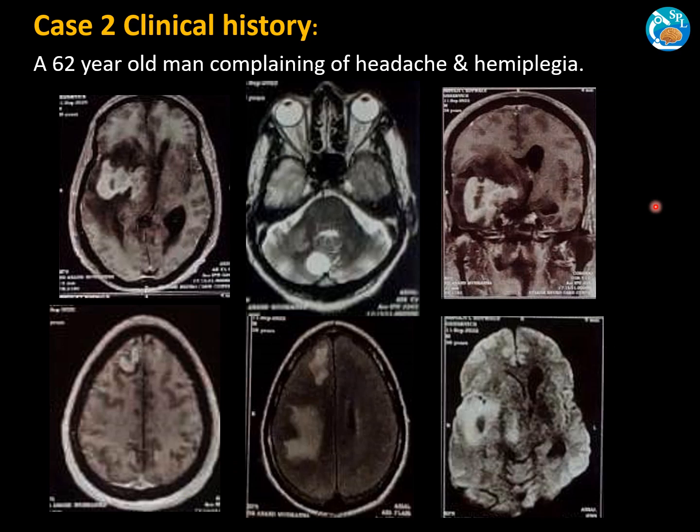Case 2 is a 62-year-old man who complained of headache and had hemiplegia, and his MRI revealed 3 lesions: one in the right temporal lobe, another in the right basal ganglion, right frontal, and one in the right cerebellar hemispheres.